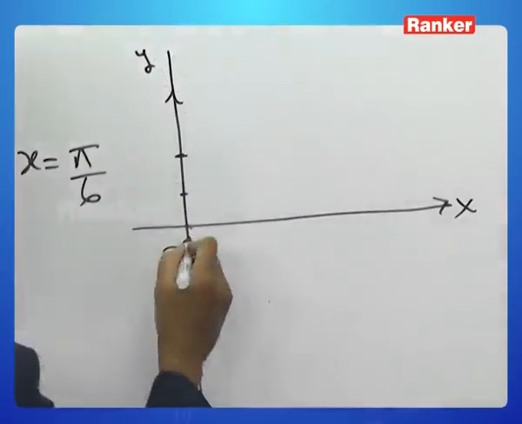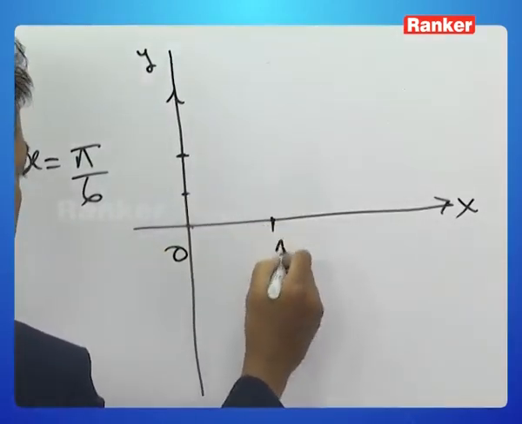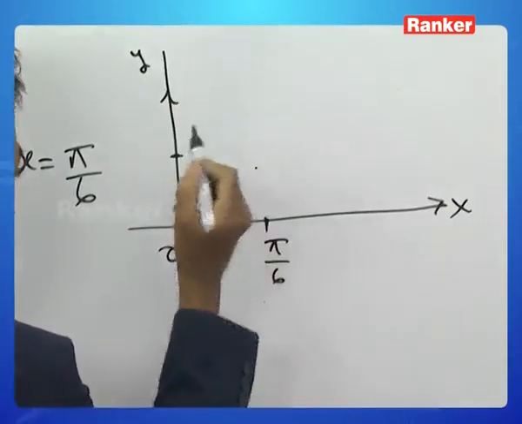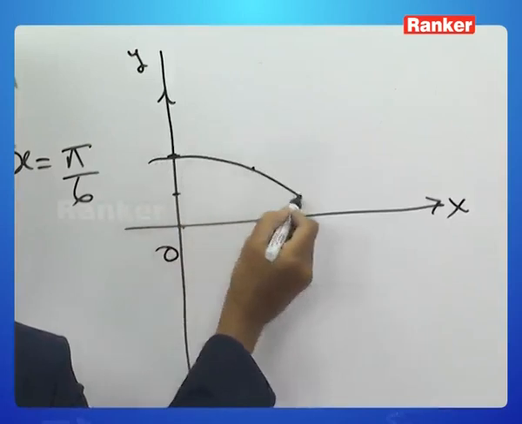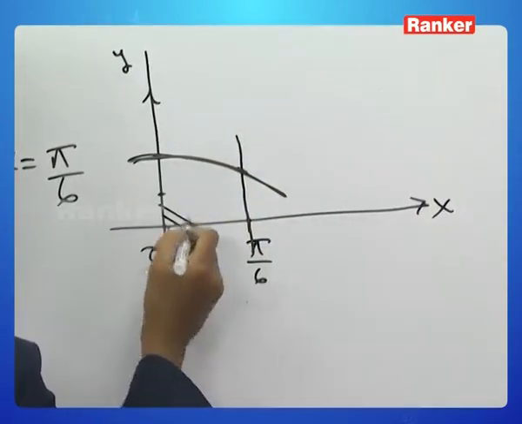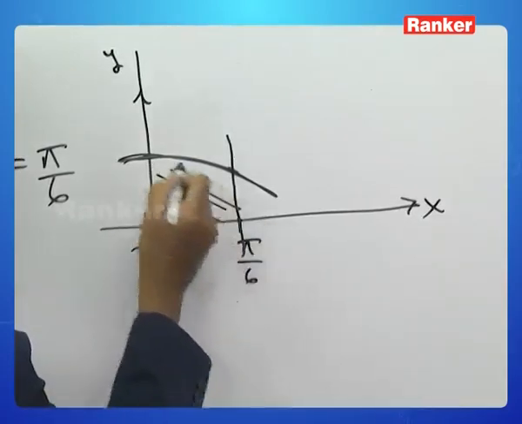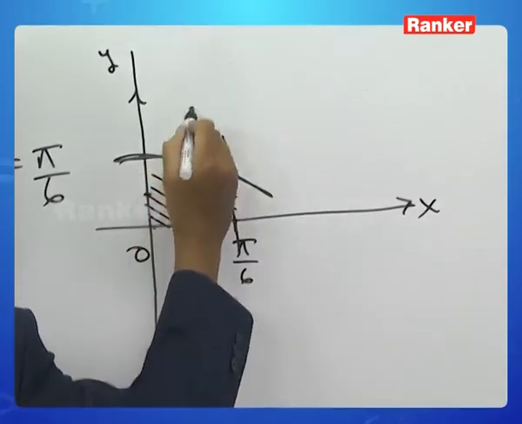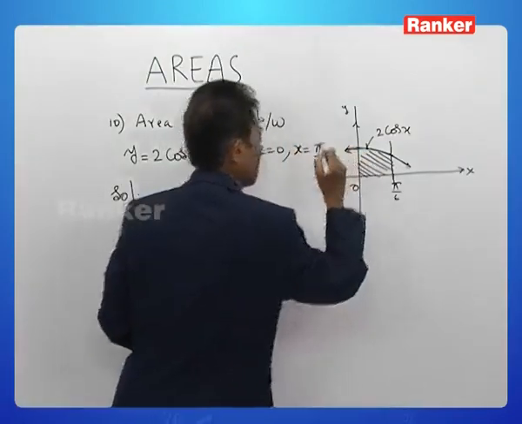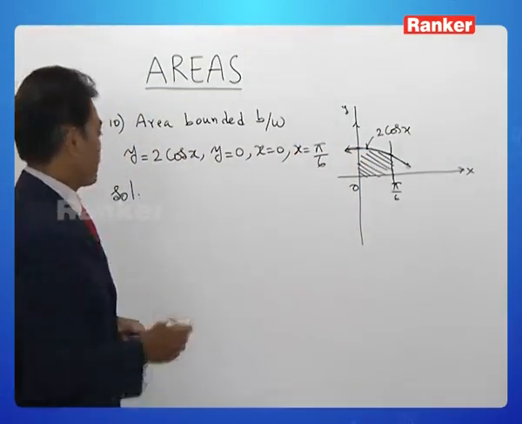So at pi by 6, it is root 3 somewhere over here. So this is cos curve and area required is between 0 and pi by 6. This is your 2 cos x, right? Now we have to find this area. Let us see what is the right answer.